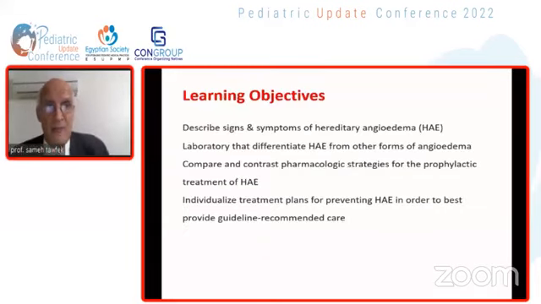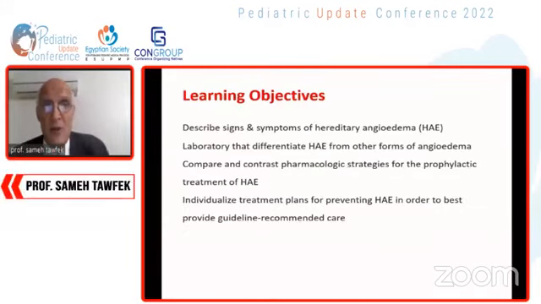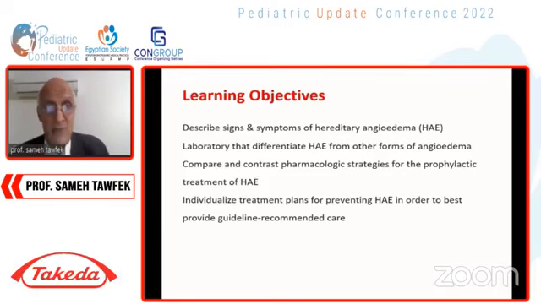The objectives: signs and symptoms of hereditary angioedema, lab investigations that differentiate various types of hereditary angioedema, compare the pharmacological strategies for the prophylactic treatment of hereditary angioedema, and individualized treatment plans for prevention of hereditary angioedema, to provide the best guidelines and recommended care for children with hereditary angioedema.